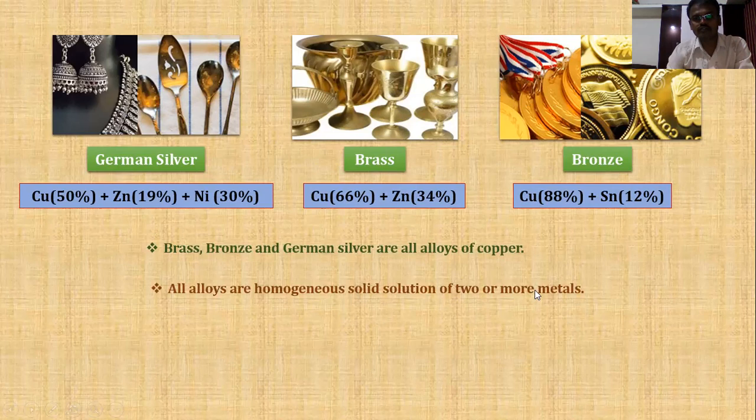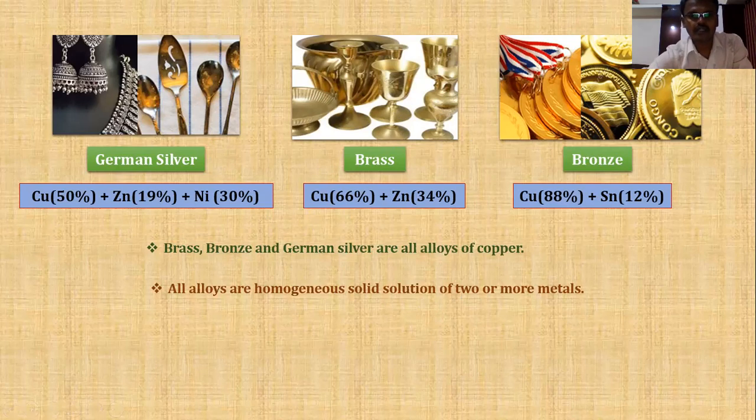Homogeneous solid solutions of two or more metals. Let me repeat it. The articles that we use in our day-to-day life are made out of alloys like brass, bronze, German silver, and all those alloys are homogeneous solid solutions of two or more metals. So you know the importance of solid solutions now. These are all examples of solid solutions, isn't it?